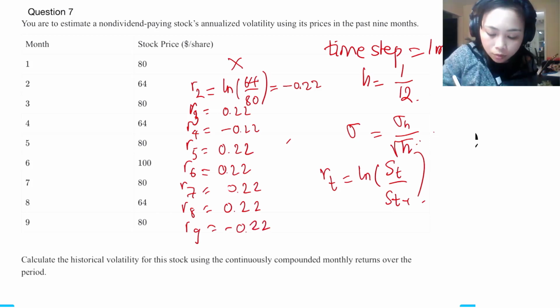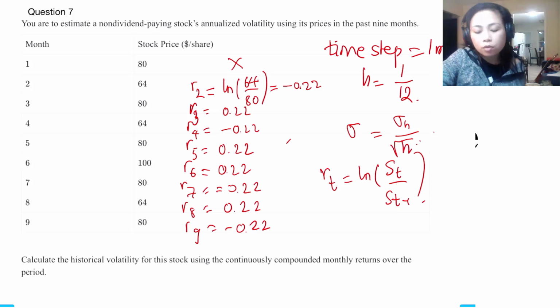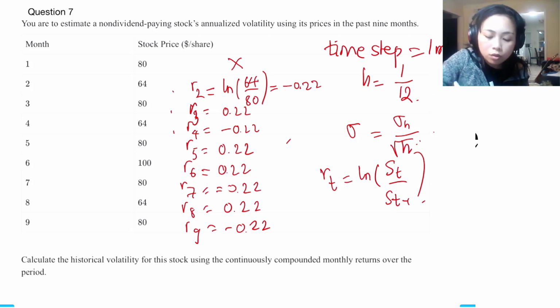So the mean of it, the expected value of RT, should be 0. You see that? And so we got what should be sigma square of RT here. But here we basically have sigma square using time h, that is by month.